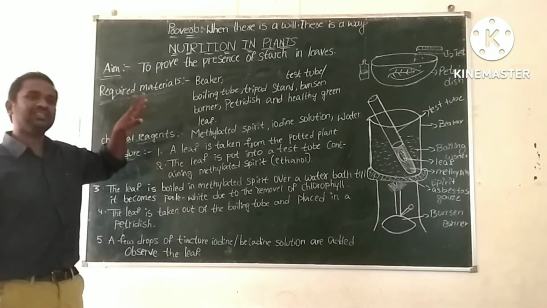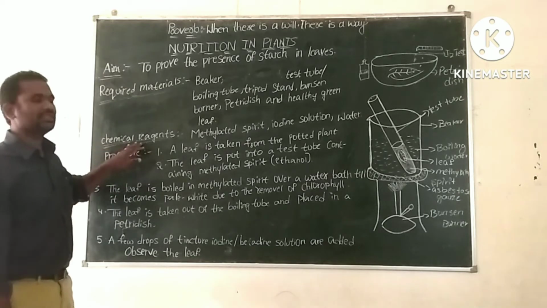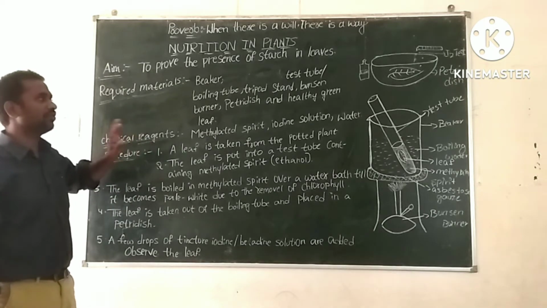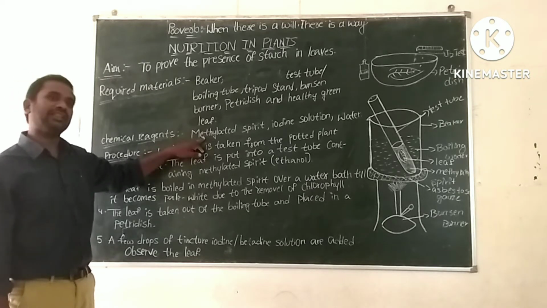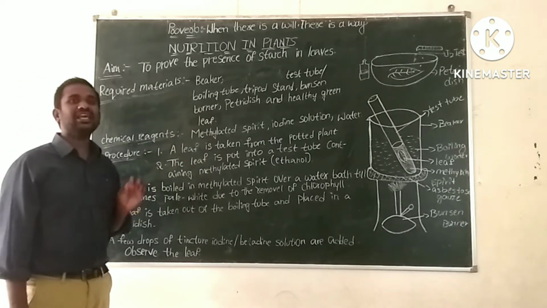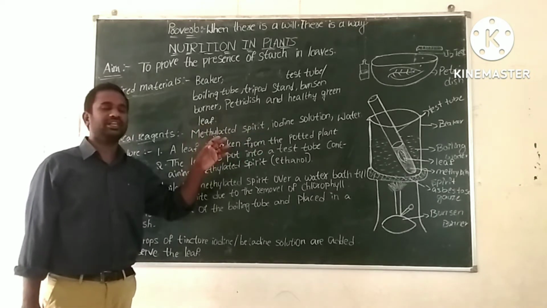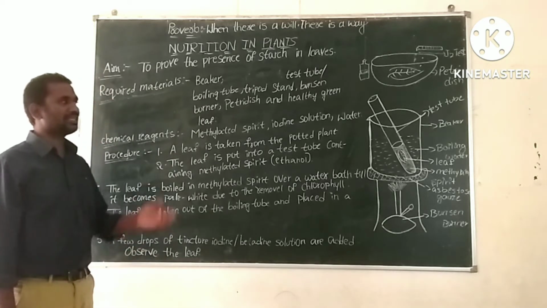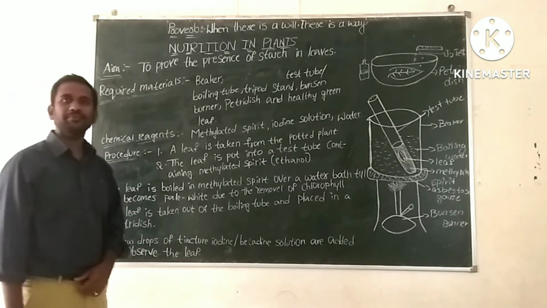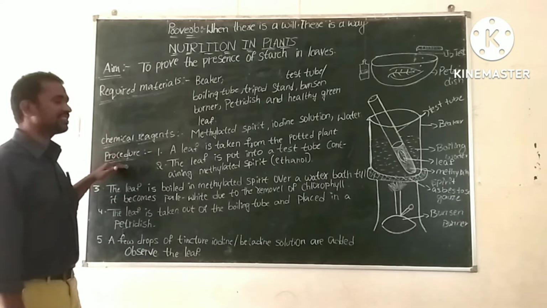So healthy leaf is considered material. Next one, chemicals. Which chemicals are we using here? One is methylated spirit or ethanol, and iodine solution, and water. These are the chemicals we are using in the experiment. So next, the procedure.